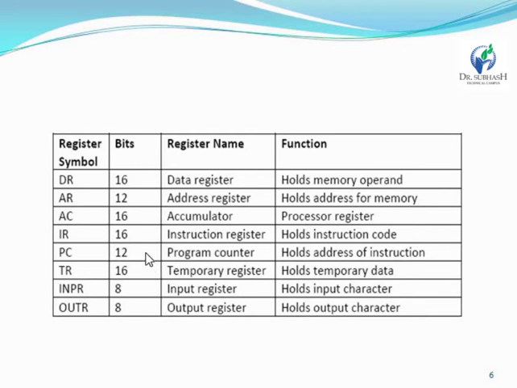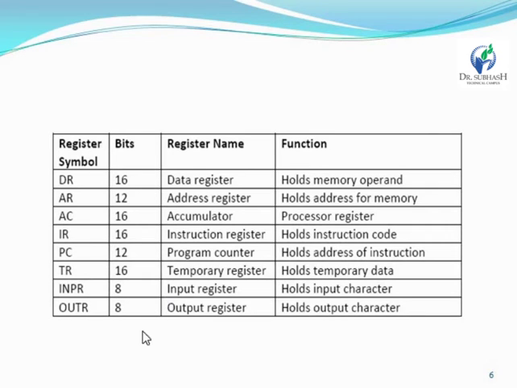The bit size is 12. The use of PC is to hold the address of the instruction. The next is TR, temporary register. Bit size is 16 and it is used to hold temporary data.